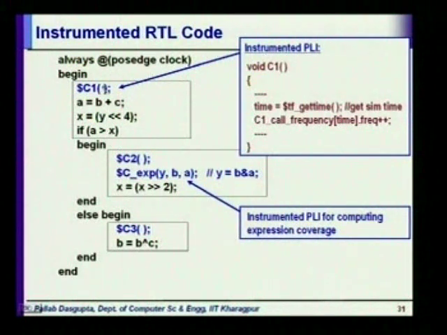What does this call do? When we call C1, it gets the simulation time using some get time function from the simulator, and then it increases the frequency of the number of calls to C1 at that time. Right.